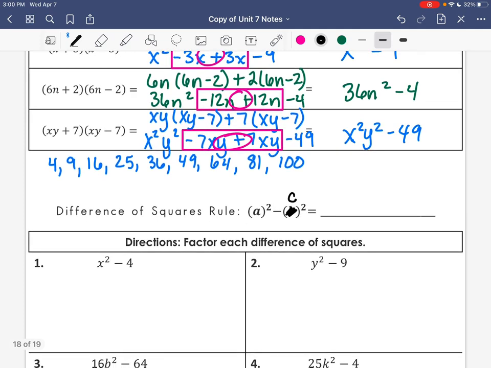And technically you also have an x in there. So when you have ax squared minus c squared, then your answer is ax plus c and ax minus c. That is our rule for that.